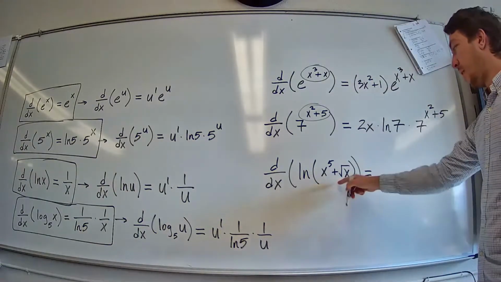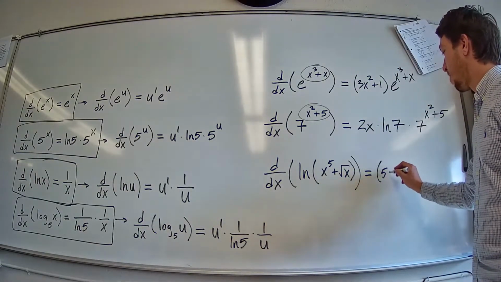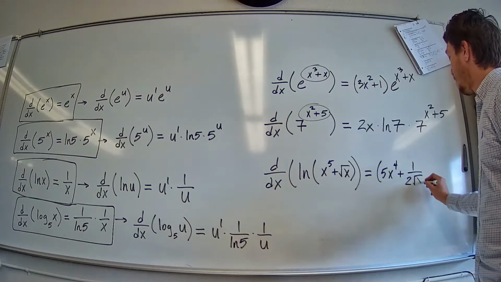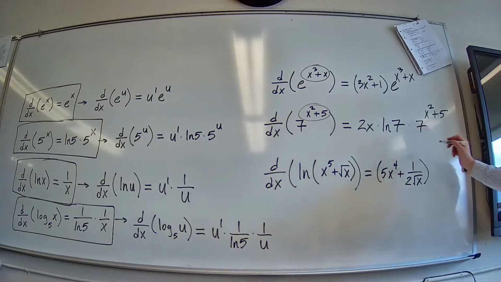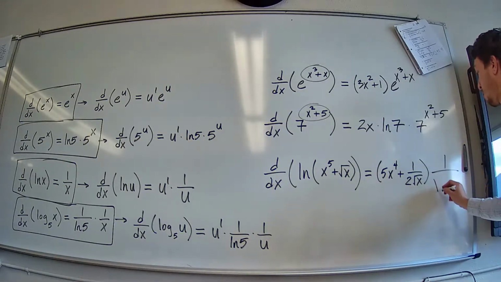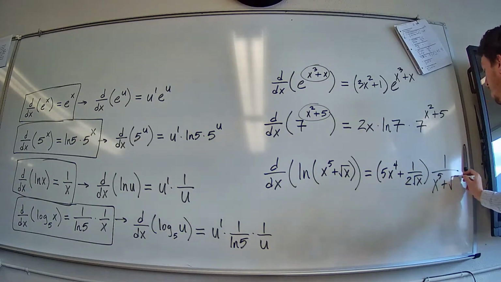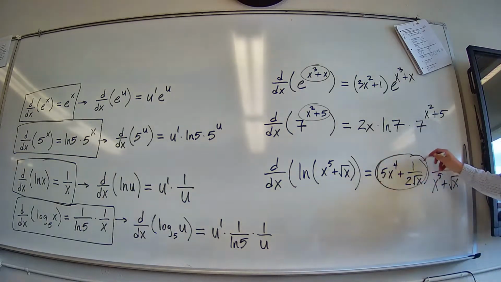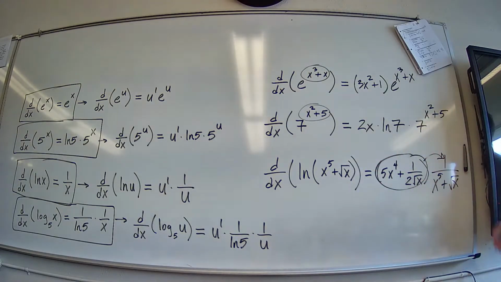You're going to have u prime, 5x to the 4th plus 1 over 2 root x, times 1 over u. Do you understand that? Now, of course, you could put this expression on top and write it as 5x to the 4th plus 1 over 2 root x, over x to the 5th plus root x.